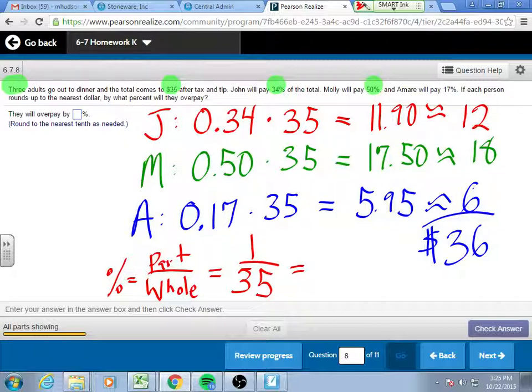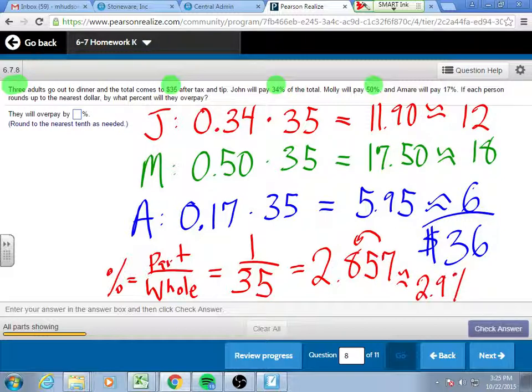The total, the real amount, was 35. So we do 1 divided by 35. And when I make that into a percent, well, that's going to be 2.857. But if I round to the nearest tenth, that really gives me 2.9%. So that's how we do that.